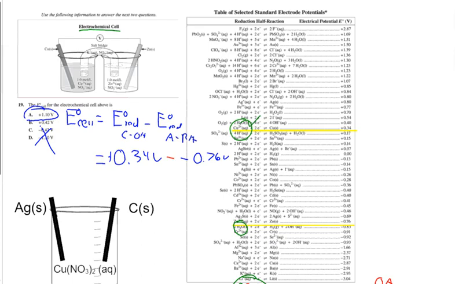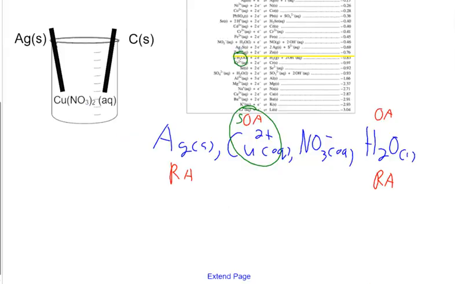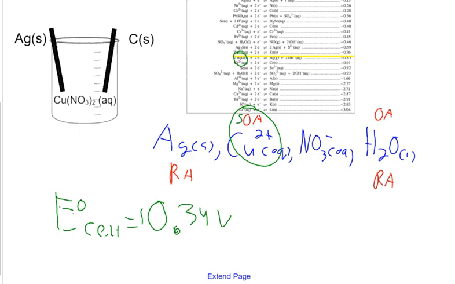So we're going to take 0.340 volts. That's positive. I'm going to subtract, and we've got to figure out what the best reducing agent is. So we have water and silver.